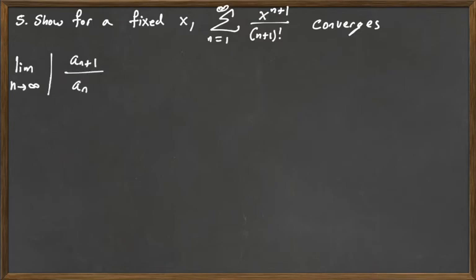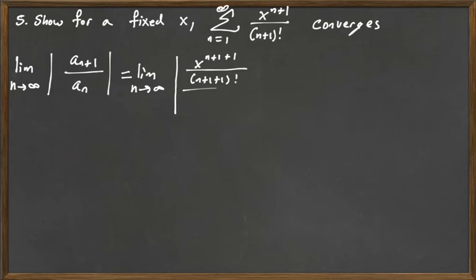So the limit as n goes to infinity of a sub n plus 1 over a sub n in absolute value. So the limit as n goes to infinity of x to the n plus 1 over n plus 1 factorial divided by x to the n plus 1 over n plus 1 factorial.